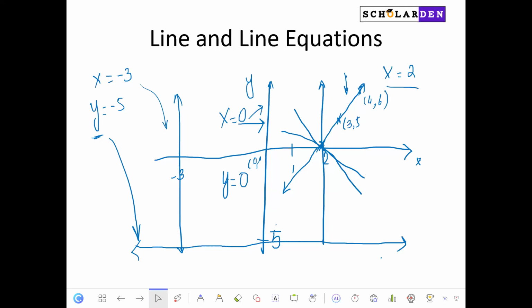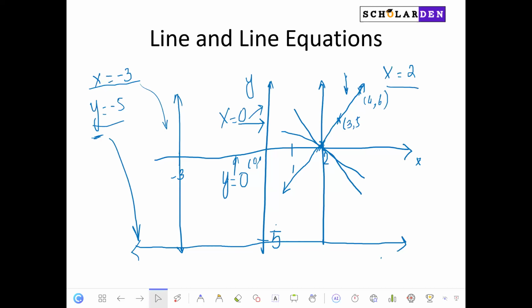So x is equal to 0 is the expression associated with the y-axis. This is a line at x is equal to 0, and this x-axis is the line for which y is equal to 0. So y is equal to 0 is the x-axis line, and x is equal to 0 is the y-axis line. As I said, if we see again, x is equal to -3 is a line parallel to the y-axis. Y is equal to -5 is the line that is parallel to the x-axis.